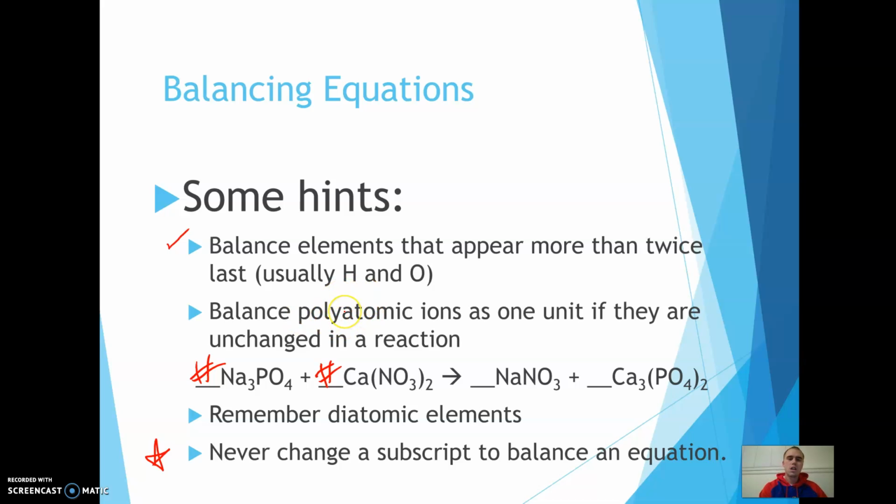Polyatomic ions, we haven't talked about those a whole lot, but that's something like NO3, that's nitrate, or PO4 is phosphate. And so we would treat that as one thing. We don't want to break that up into N and O unless we absolutely have to. So we're going to try and balance what we call PAIs, or polyatomic ions, as one thing.